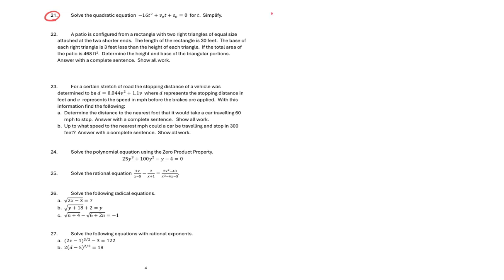So in this equation, I know that a is equal to negative 16, b is equal to v naught, and c is equal to s naught. So now I just have to plug it into my quadratic formula, which is negative b plus or minus the square root of b squared minus 4ac all over 2a.